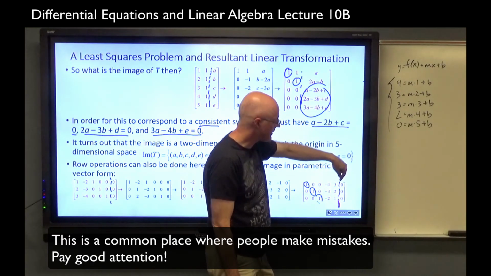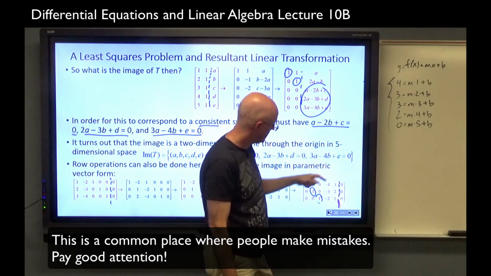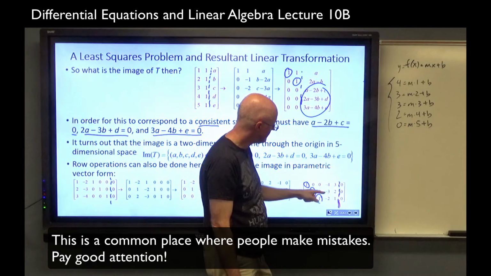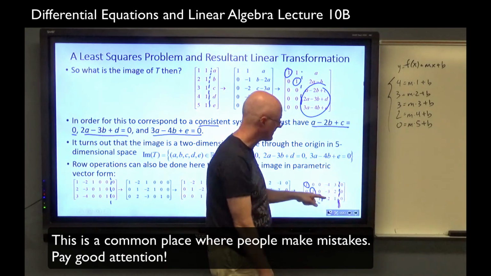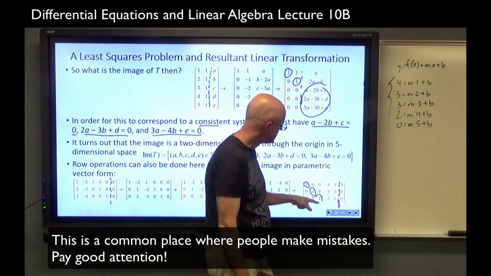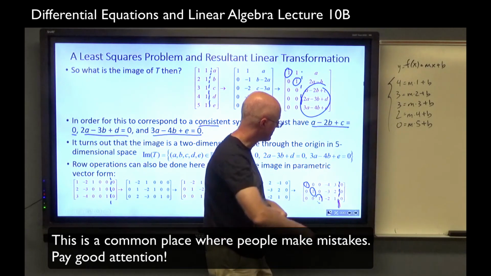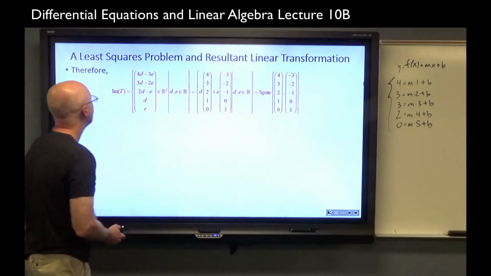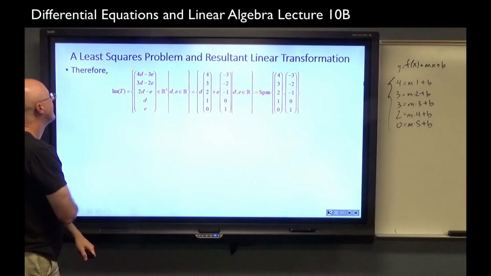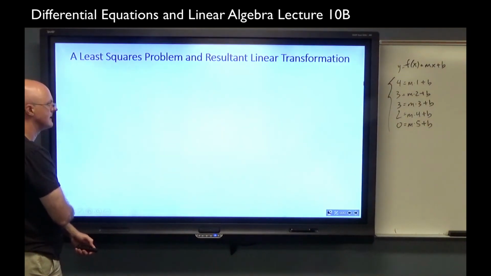A will be 4D minus 3E. B will be 3D minus 2E. Again, I have to put it on the other side of the equation. And C will be 2D minus E, if I put it on the other side of the equation. And that's the answer there. Hopefully I did not make a mistake.